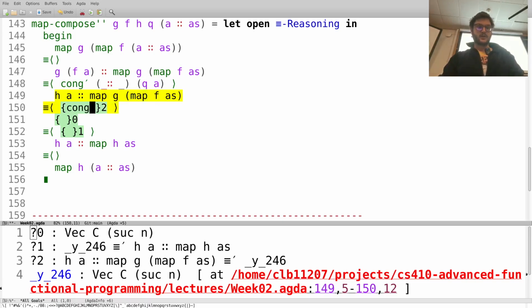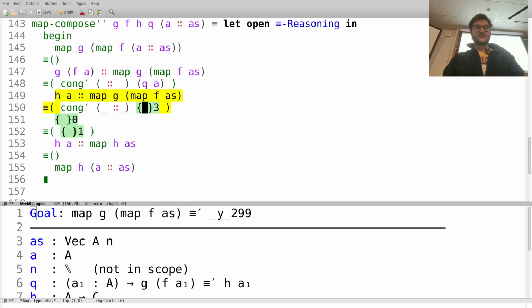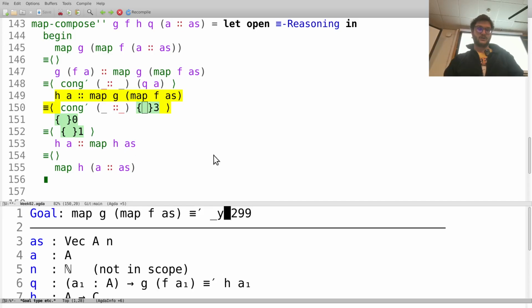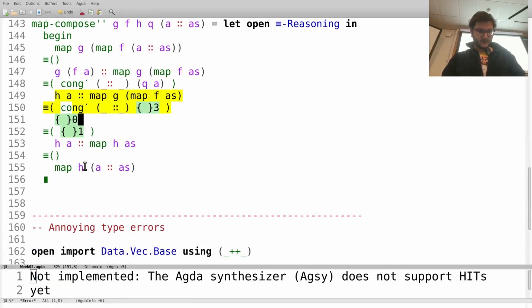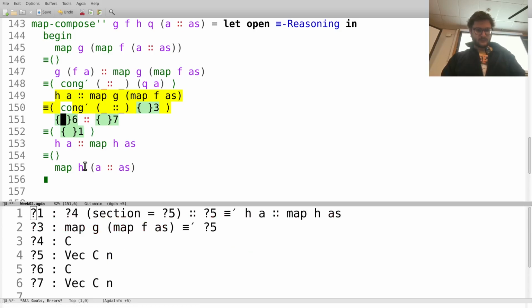So I can use another cong, and this time acting on the tail. So I'm saying whatever the head, I'm going to be modifying the tail. So it's telling me, okay, as long as you can take a step to something, I'm willing to entertain your idea. Okay. Let's keep this one.